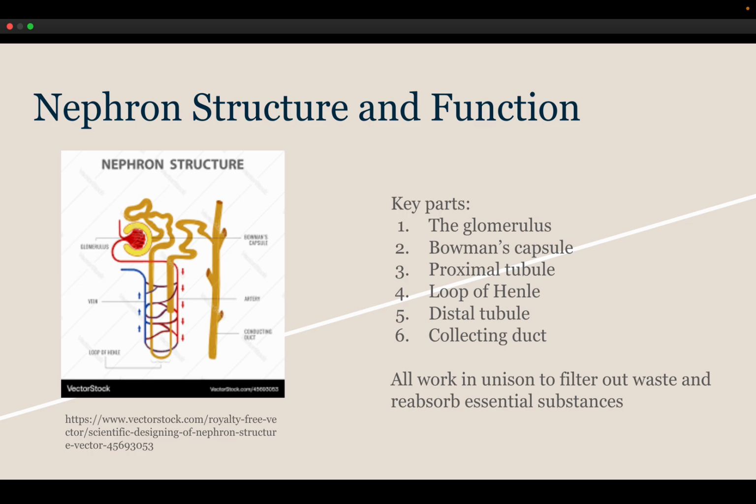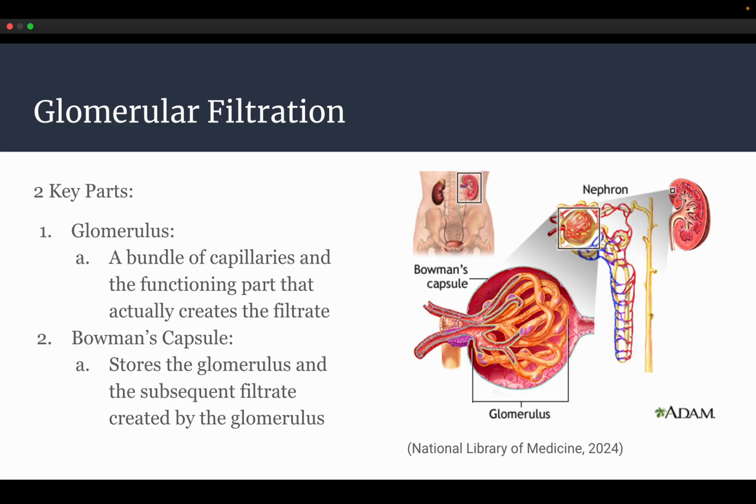These key parts include the glomerulus, Bowman's capsule, loop of Henle, distal tubule, and the collecting duct. Altogether, these parts work in tandem to filter blood, reabsorb essential substances, and dispel waste. The first part of the nephron we will be covering is the glomerulus, which is a bundle of capillaries enclosed within the Bowman's capsule, as well as the starting point of urine formation, as it is a key driver of glomerular filtration.